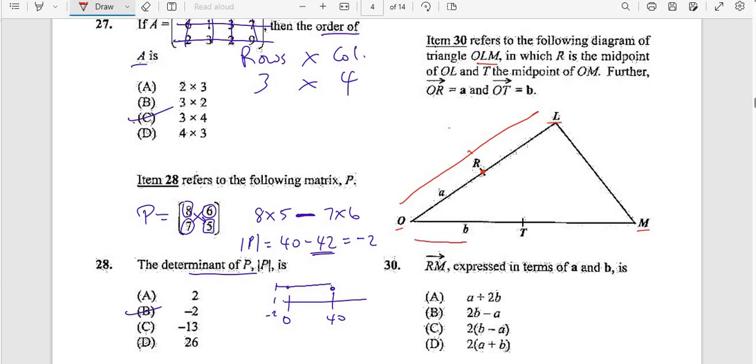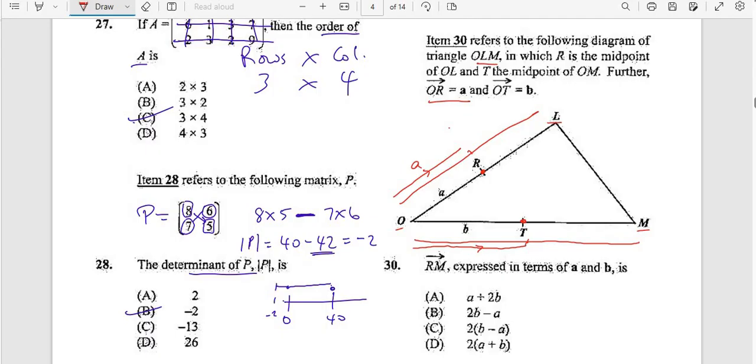So going from O to M, the midpoint is T, right here. And we're told that the vector OR is equal to A, in other words, going from O to R. So pay attention to the direction. That direction is A. And O to T, going from O to T here, that direction is B. All right, let's keep that in mind.